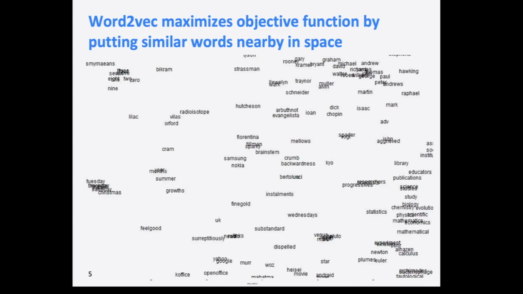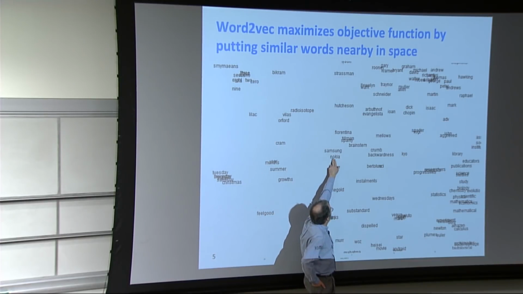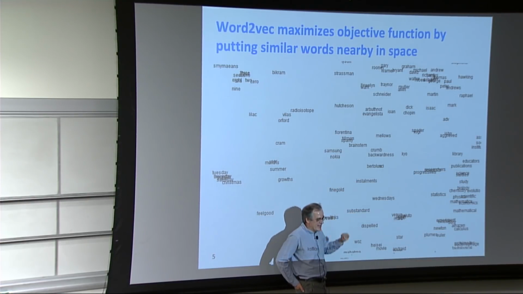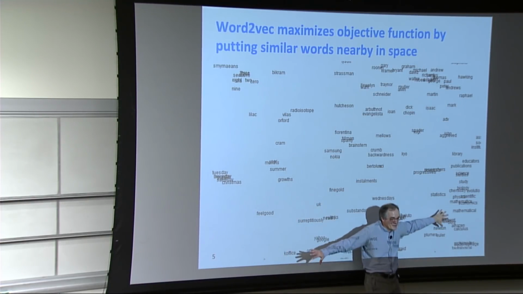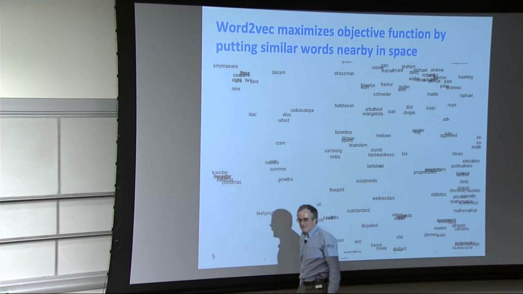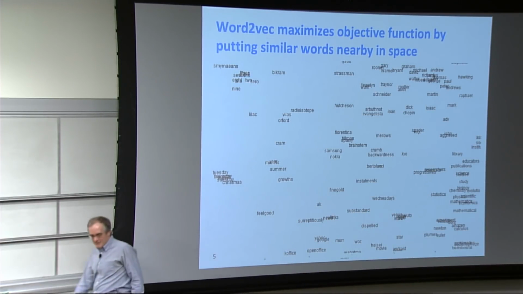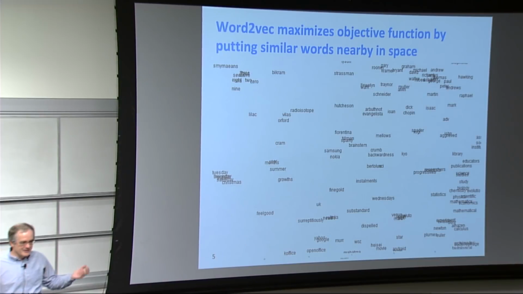They're exceedingly misleading, because in these 2-dimensional pictures, if Samsung is close to Nokia, it has to be over here, and then it has to be far away from words that are over here. Whereas you might also want the effect that Nokia is close to Finland for a different reason. And you can't do that in 2-dimensional vector spaces.